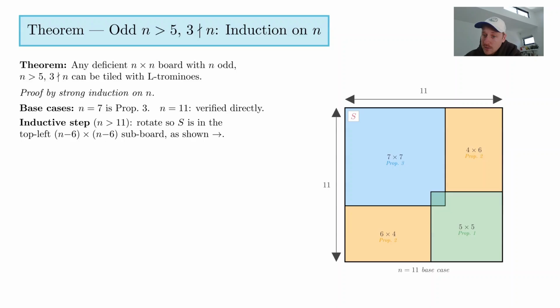And so the deficient 5x5 can be tiled. Everything else except this point can be tiled because we know that a 5x5 can have the corner removed. So we can tile this whole 11 by 11 using that logic, because this can be done, this can be done, this is deficient and this is deficient. So there's 1 square missing overall.